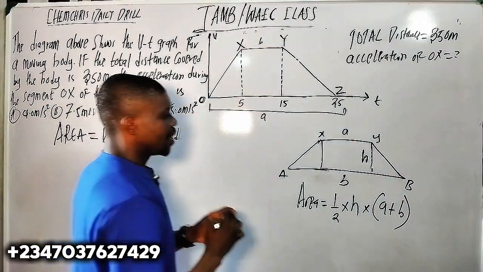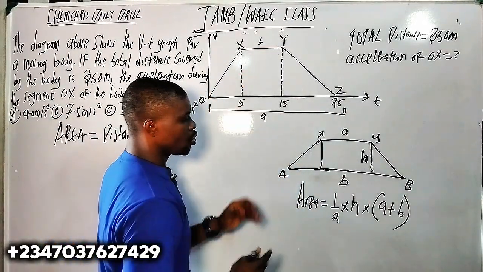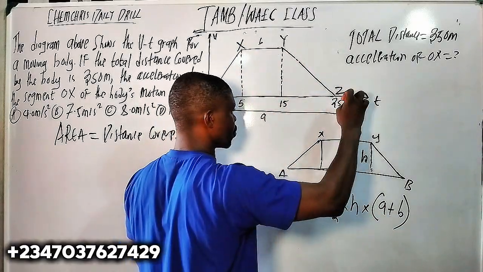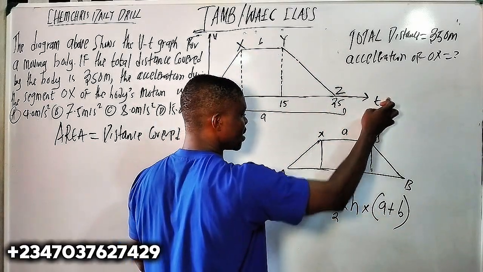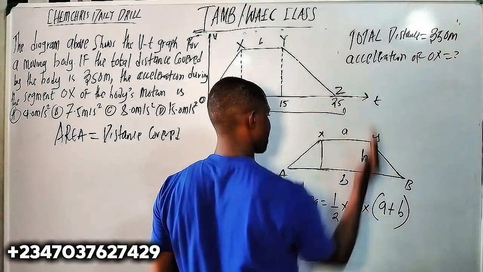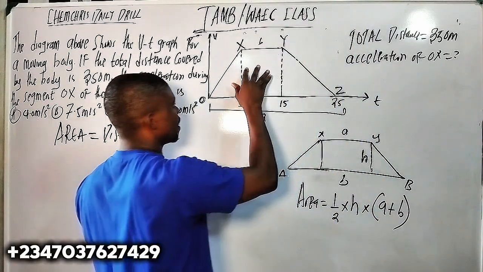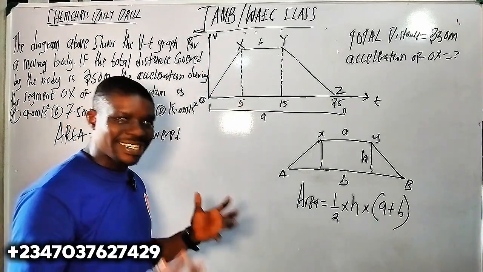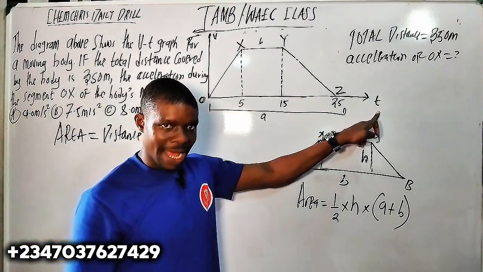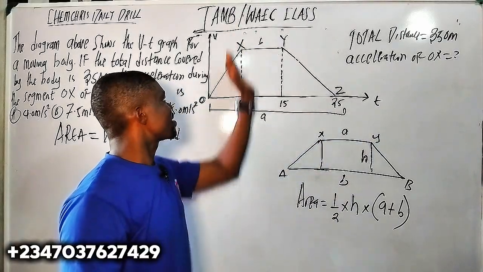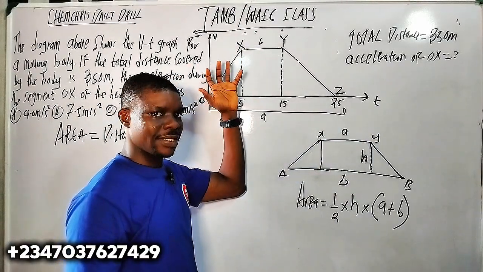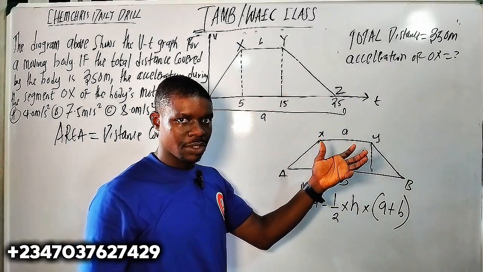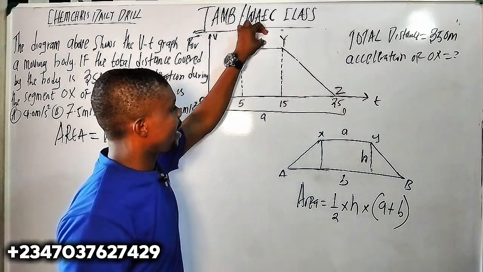So if you interpret this with A and B, the horizontal is the time, and the vertical is the velocity, because you plotted a graph of velocity against time. The vertical aspect is the height, which is the velocity, while the horizontal aspect is the time, and the horizontal aspect has two sides, here and here.